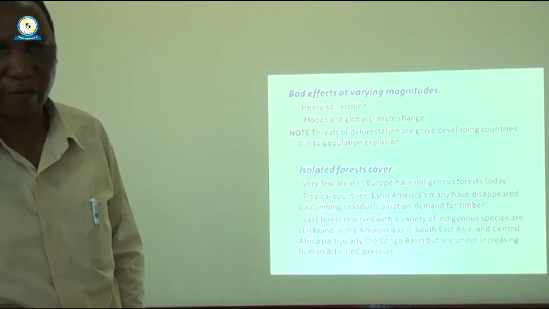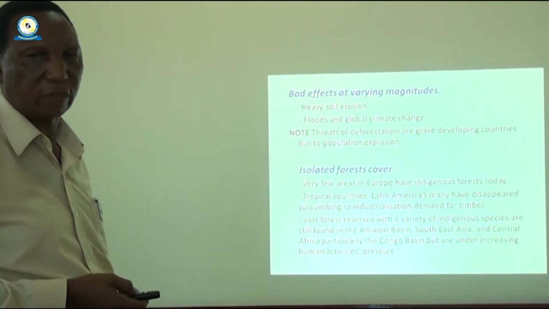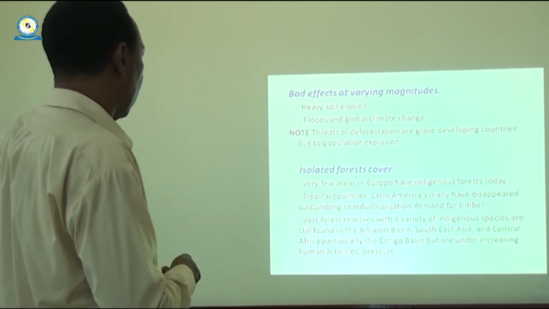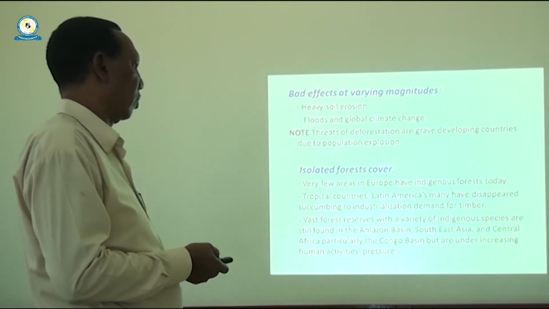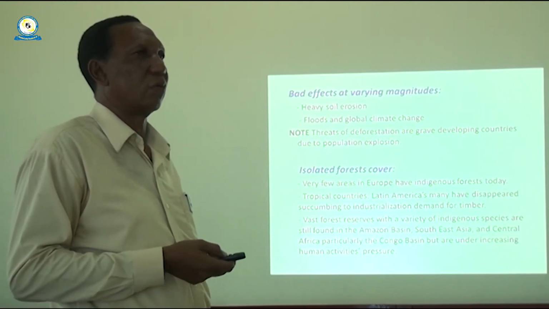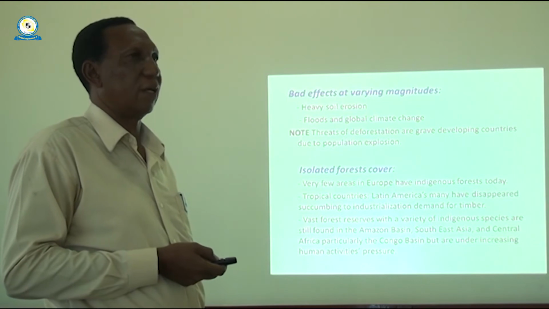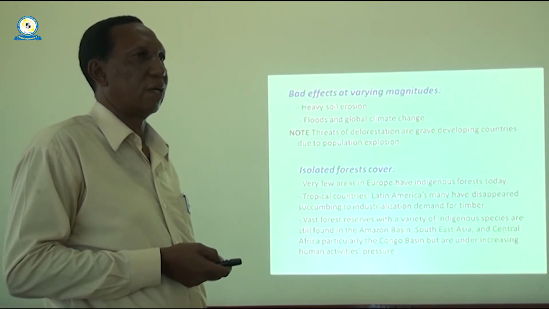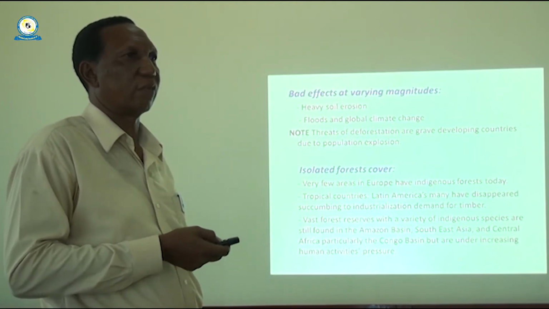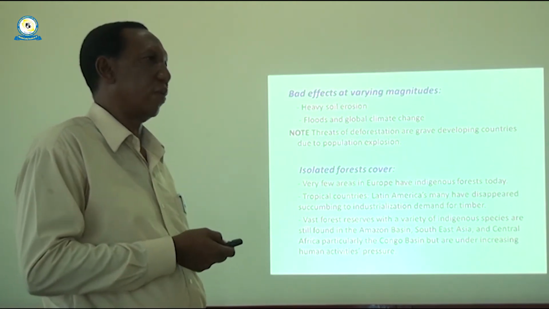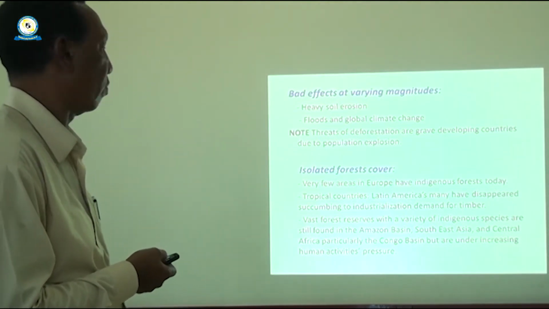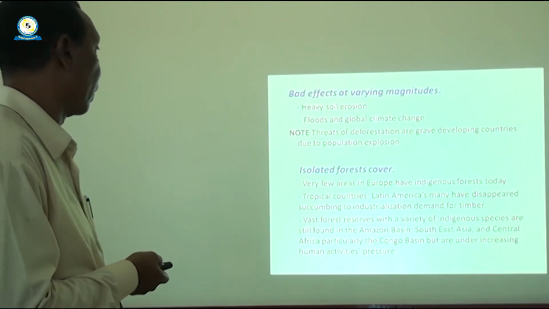Now, vast forest reserves with a variety of indigenous species are found in the Amazon basin, but even the Amazon, I think a few months ago, was under threat as forests were burning, wildfires. I think now they have taken control, but a number of species were destroyed that cannot be recovered.